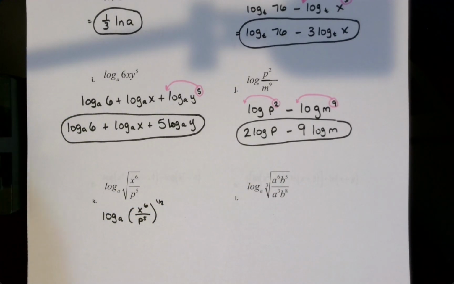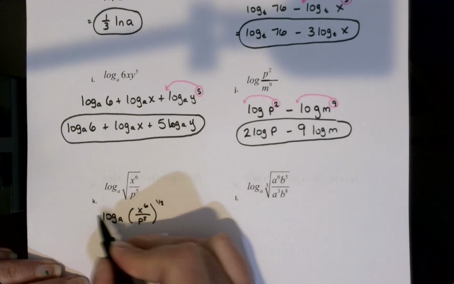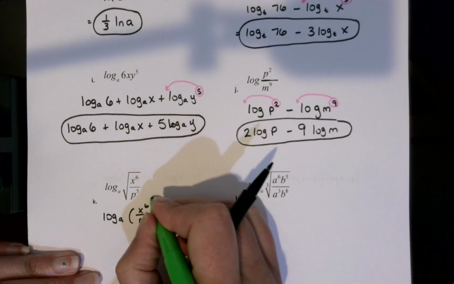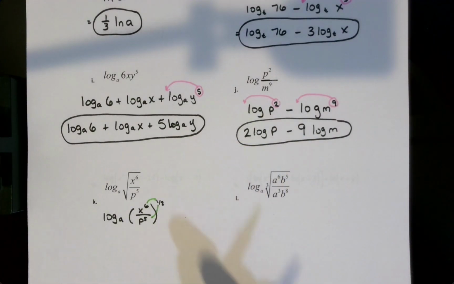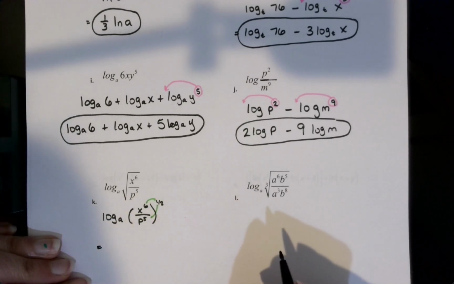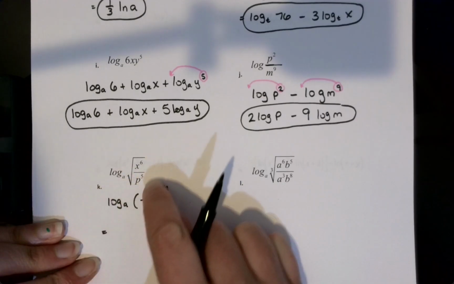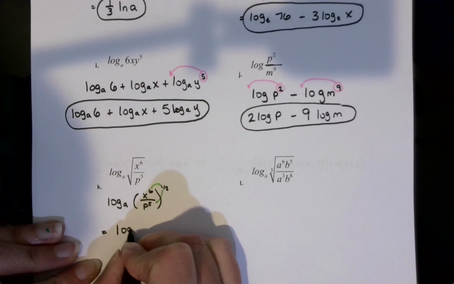And I have a choice here about whether I would like to pull this power down, or if I would like to use exponent rules and simplify this expression by applying the power to both parts of the quotient. I'm going to go that route because I notice that there's another exponent inside, and instead of having to do the power property twice, once at the beginning and once at the end, let's just do it once. So let's simplify before we apply those log rules.